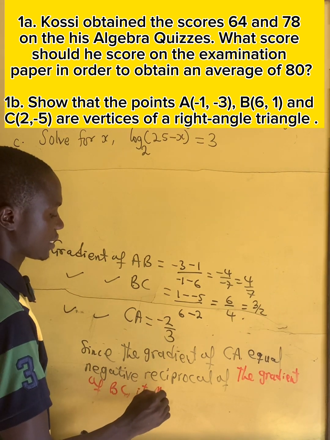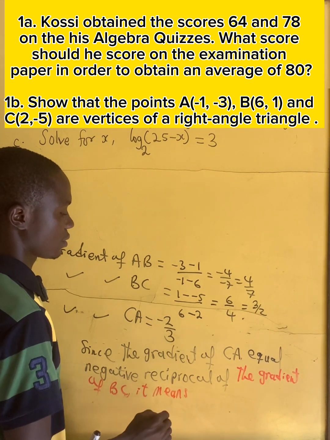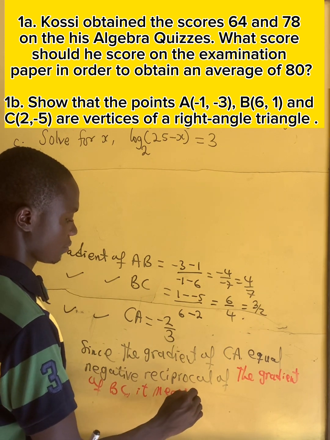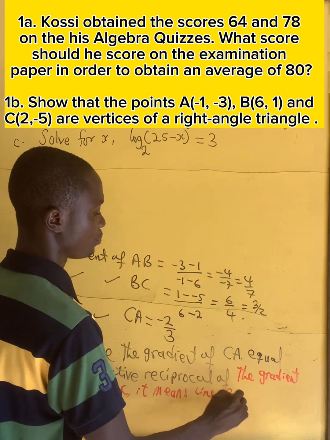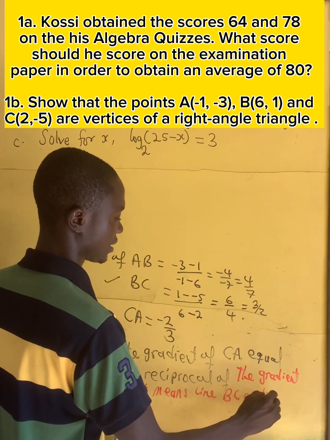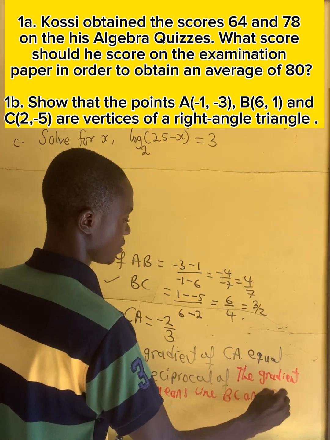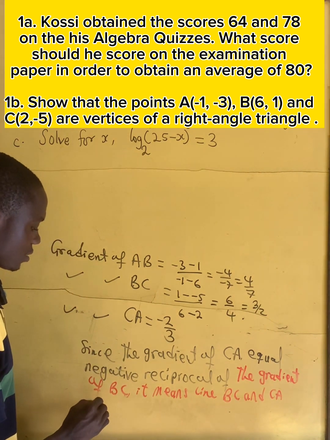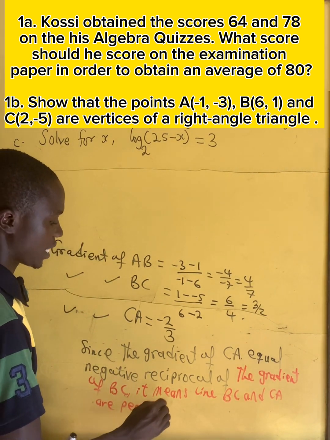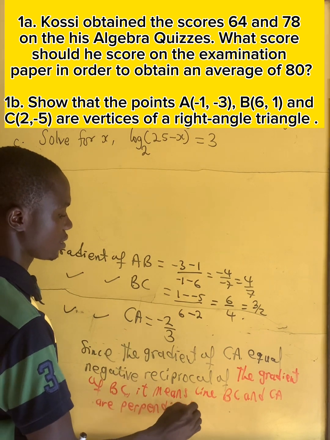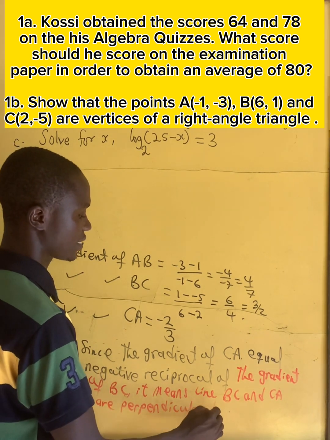it means that line BC and CA are perpendicular.